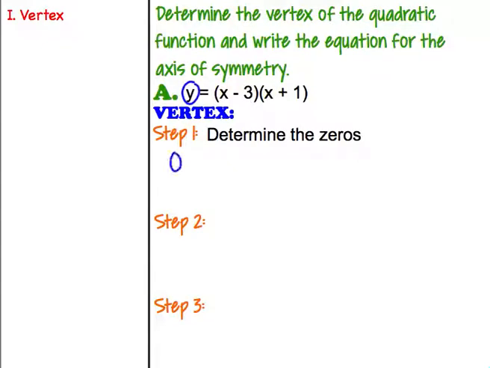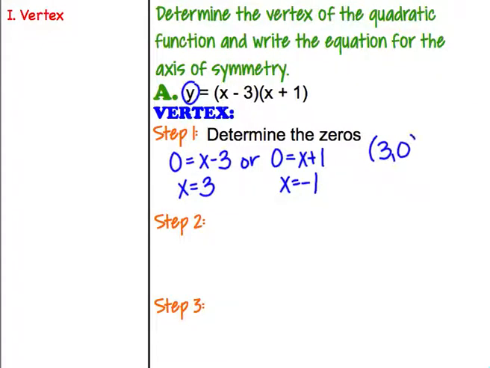So by the zero product property, either 0 equals x minus 3 or 0 equals x plus 1. When we solve these for x, we get x equals 3 and x equals negative 1. Written as ordered pairs, we get (3, 0) and (negative 1, 0).